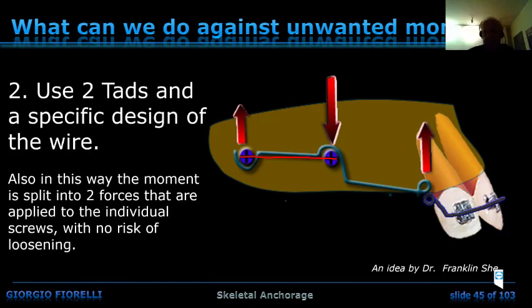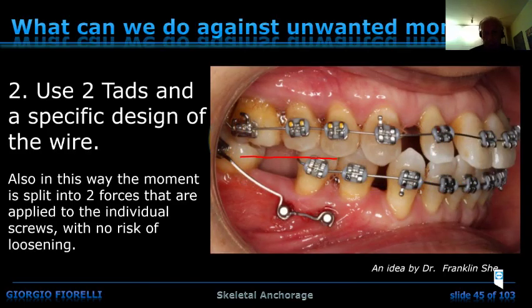He came out with this very nice idea, because at his university they had just to use these TADs with no bracket. So he was creating this wire like this. Now if you activate this wire in this direction, you are getting forces like this.